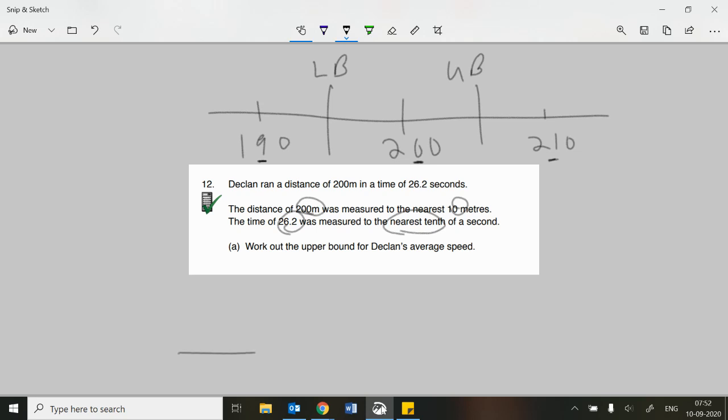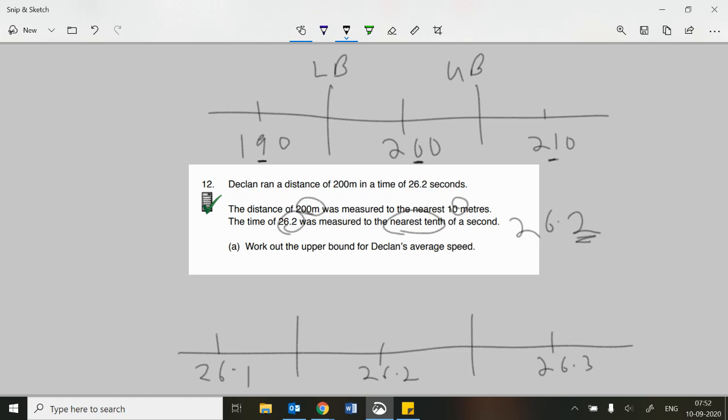So nearest tenth, 26.2. There's the tenth position. So we'll put on 26.2. I'm going to put 26.3. I'll put 26.1, and I'm going to find my halfway points. So we're going to say 26.15 and 26.25 there. And so this is your lower bound. This is your upper bound.